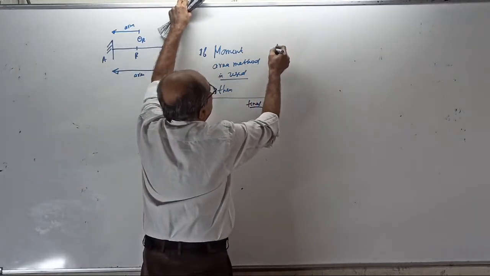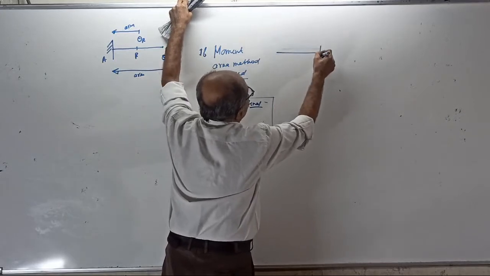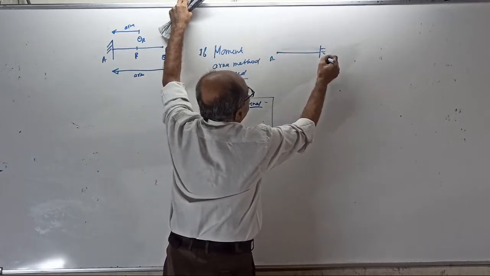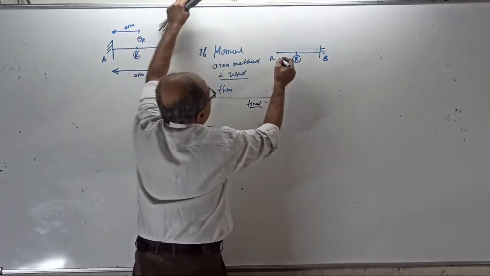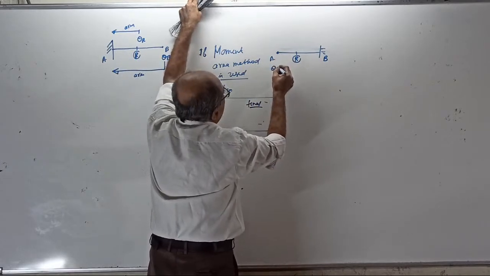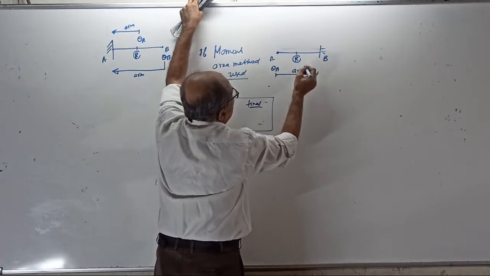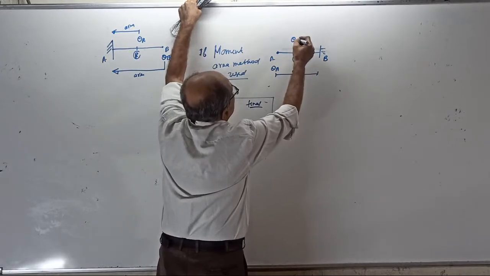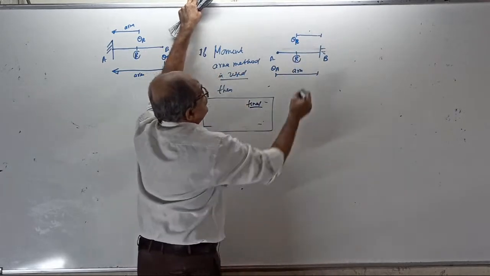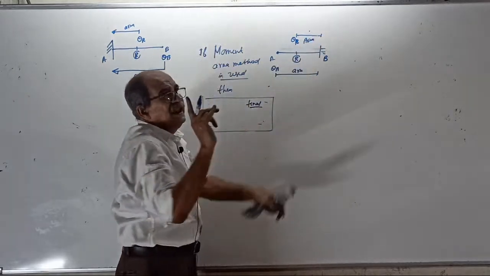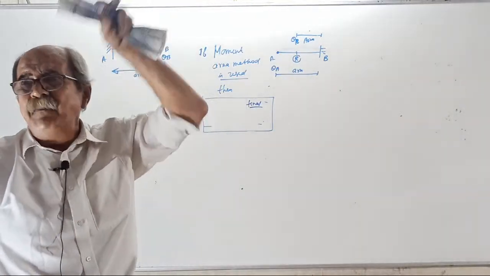If the beam is this way, this is A, this is B, this is any random point R. If I want theta A, then area from here up to fixed end. If I want theta R, then area from that point up to fixed end. This area. Clear?